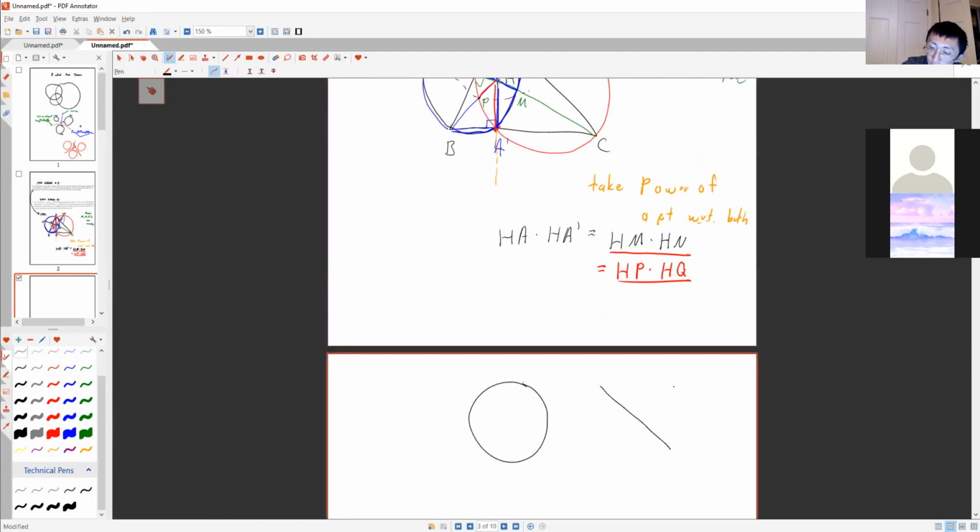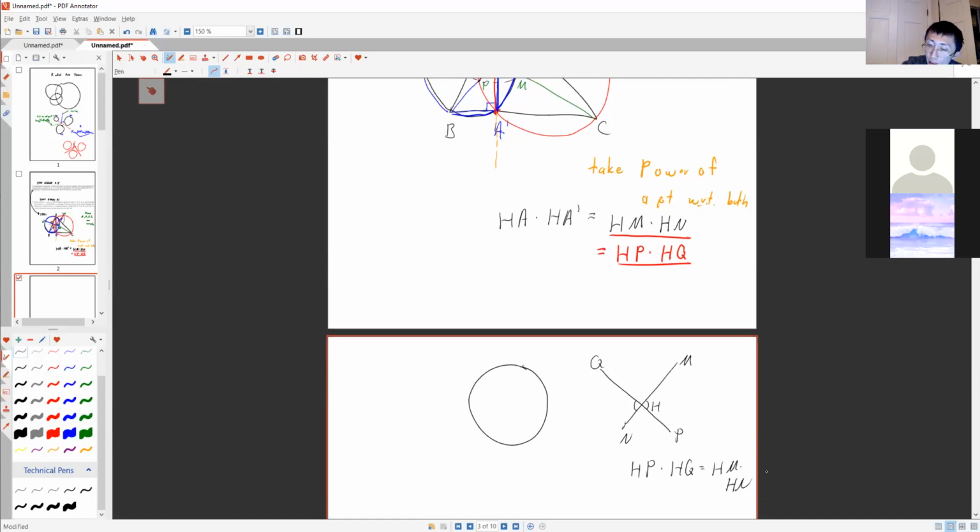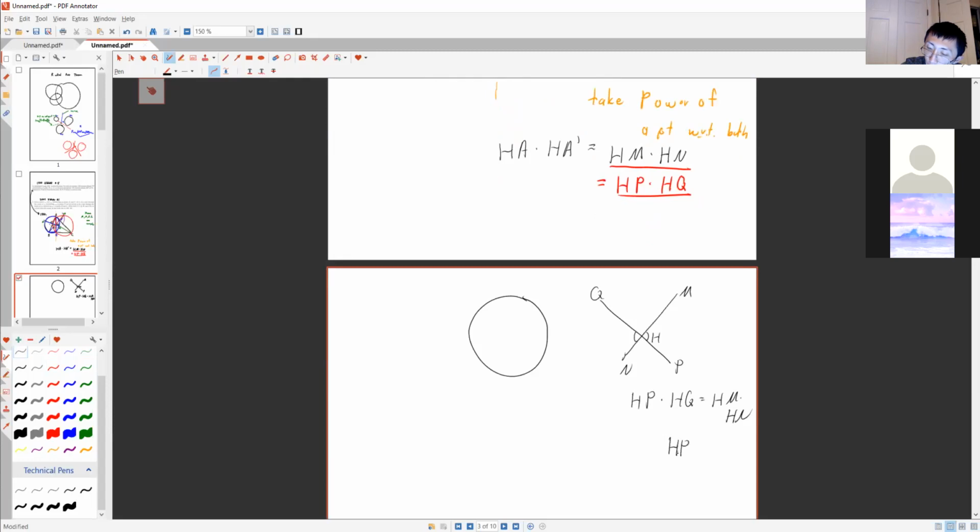But if you just have two sticks and they intersect, HP times HQ and HM times HN, if you have the power of a point condition, then you can just uncross multiply, divide through and use similar triangles, so then you have side angle side, right? HP times HQ equals HM times HN. Divide through, you get HP over HM equals HN over HQ.